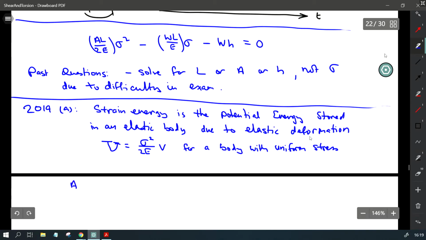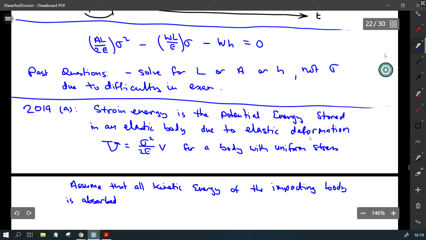Well, the assumption is that all the kinetic energy of the impacting body is absorbed elastically by the, I suppose, the impacted body as strain energy.